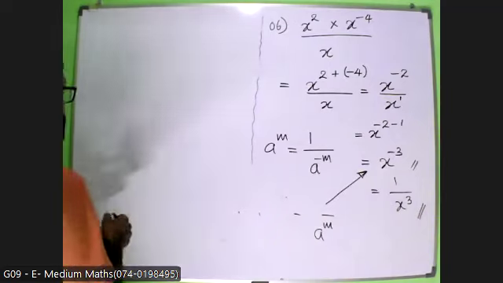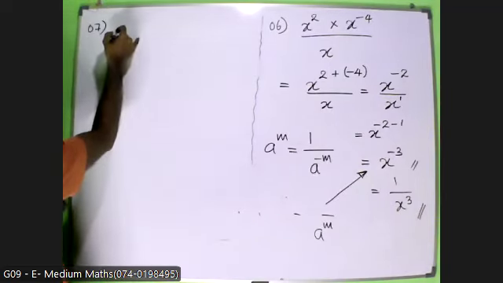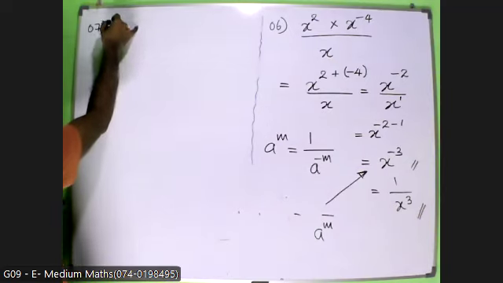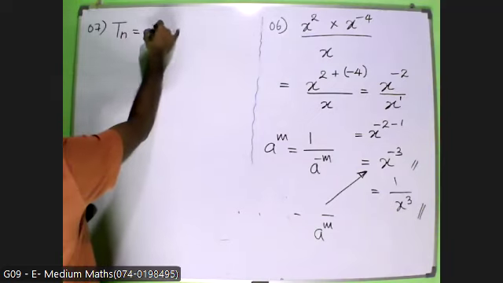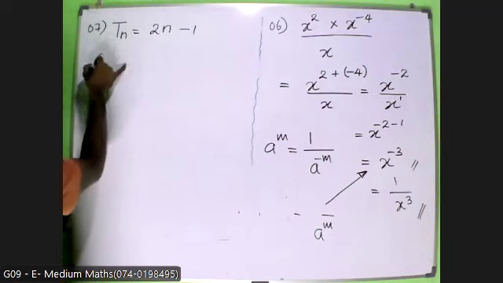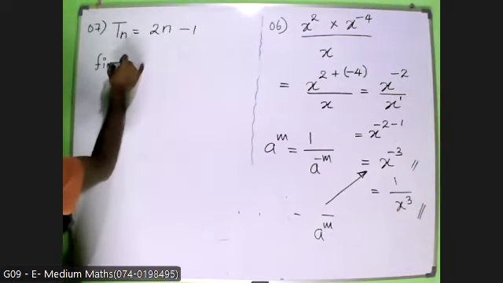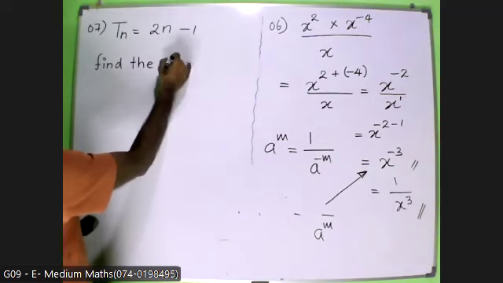Right, last one, the 7th one. The general term is 2n minus 1. Find the 10th term.